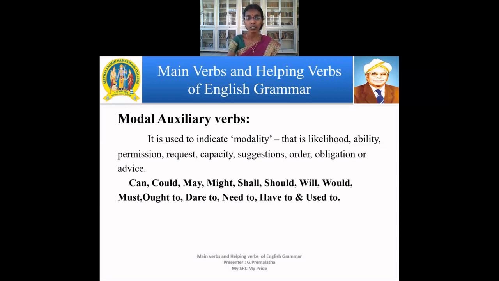There are 14 modal auxiliary verbs in English: can, could, may, might, shall, should, will, would, must, ought to, dare to, need to, have to and used to. These 14 verbs come under the category of modal auxiliary verbs. That's all. These are all the divisions of verbs.